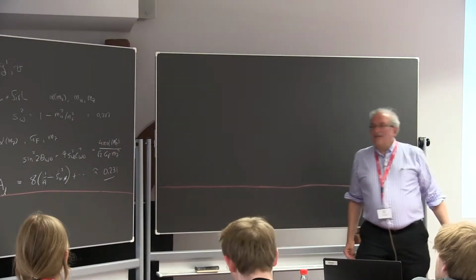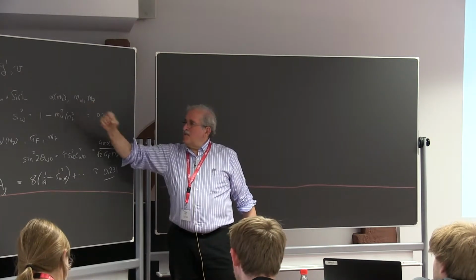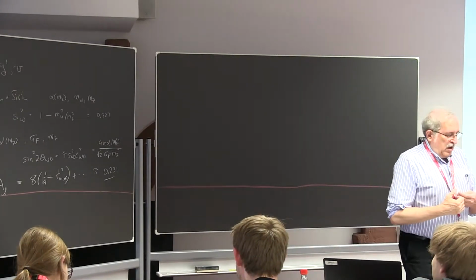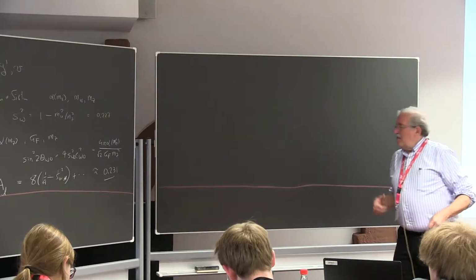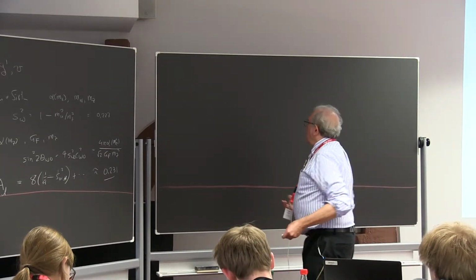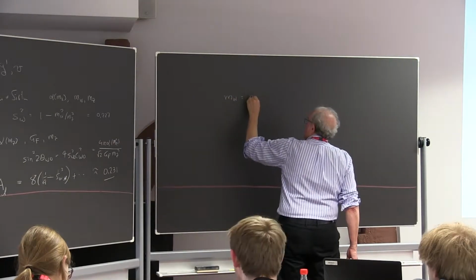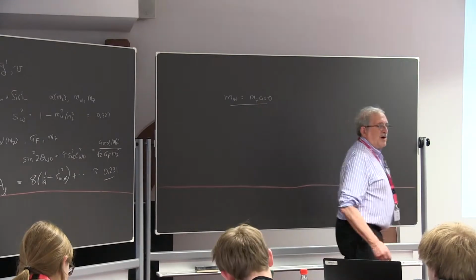At the LHC, one has fantastic measurements of mz and mw. And in fact, mz and mw are the basic things that you work with. And there are many LHC calculations that depend on the relation mw equals mz cosine theta, which is a tree level relation in the standard model.